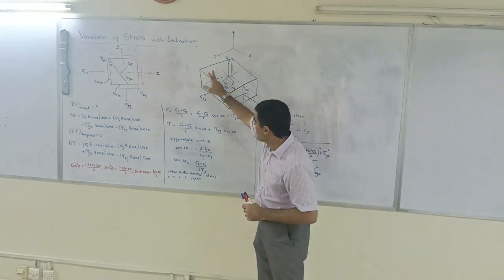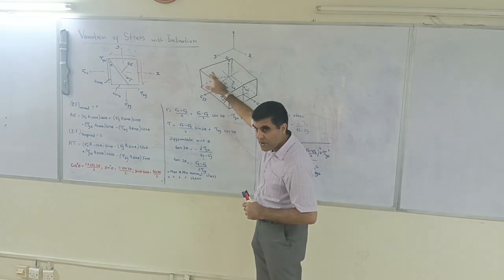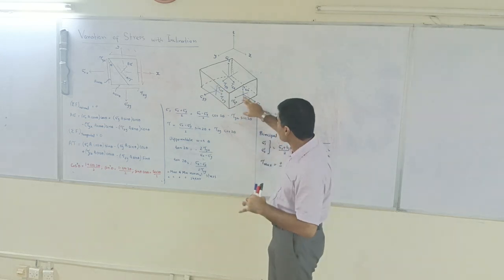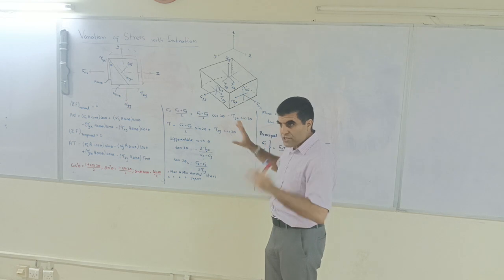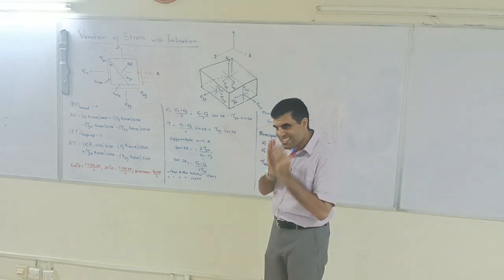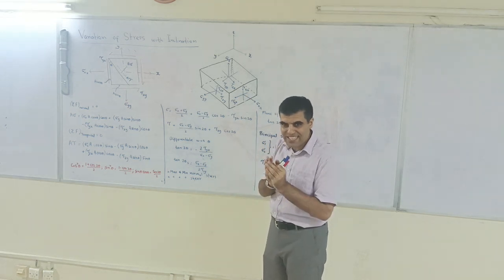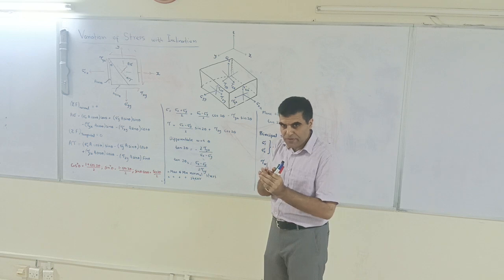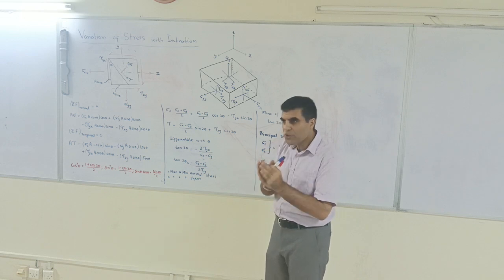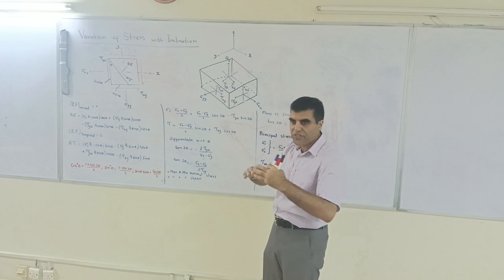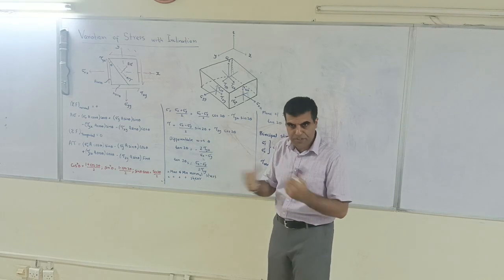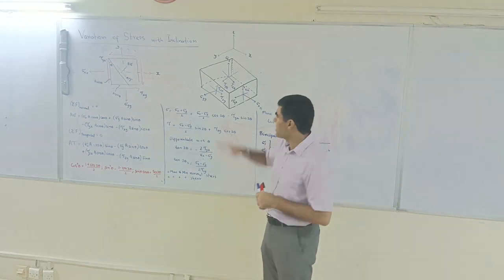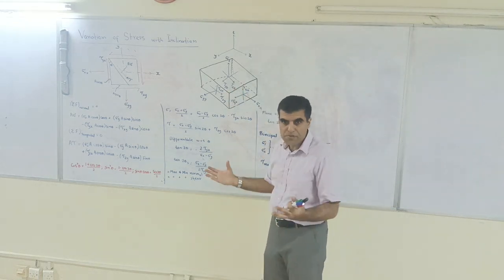So the stresses on the other faces will be equal to the stresses on this face. So we have 9 distinct stresses, and if you know these 9 stresses, then that means that you know the stresses appearing on each and every face of this 3D element, which is a cube element.